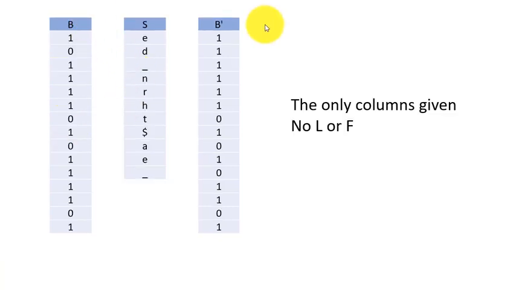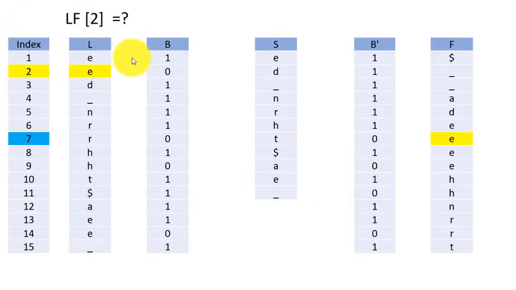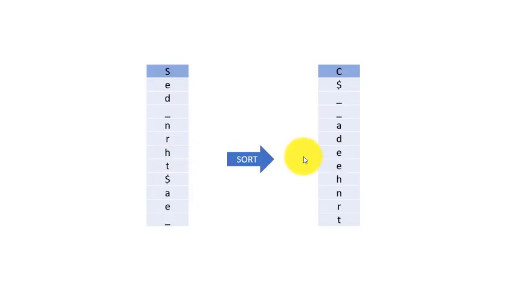What if only 3 columns are given, and we get rid of L and F? How do we actually calculate this LF2? First of all, we need to sort the S table.